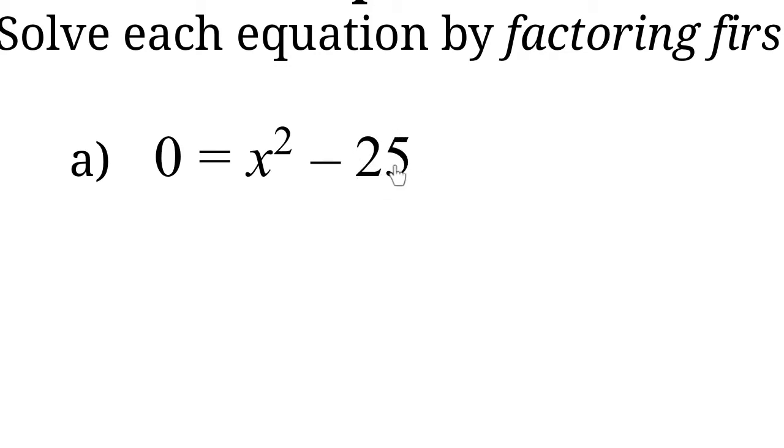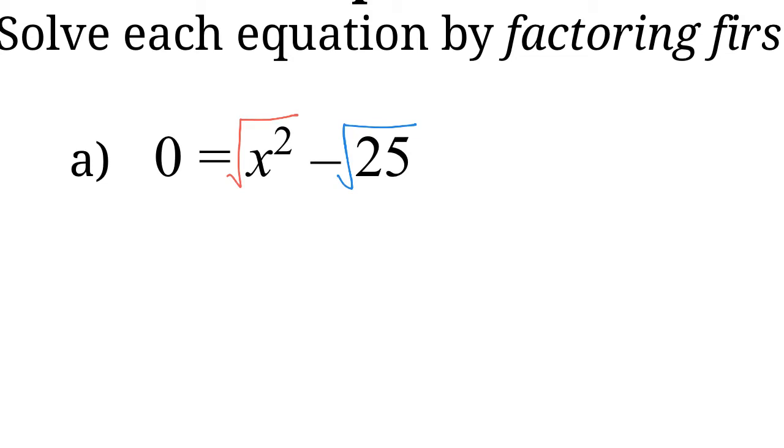So we've got the number 25, and 25 is a perfect square. If you take the square root of 25, you will get a nice whole number. Okay, so this question definitely meets the criteria for difference of squares, so we are ready to begin factoring using that method. So what we need to do is take the square root of each term inside our equation.